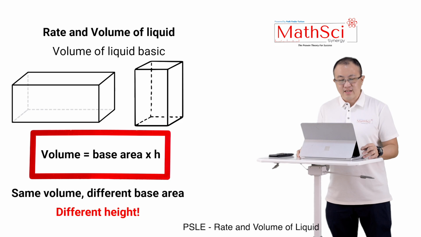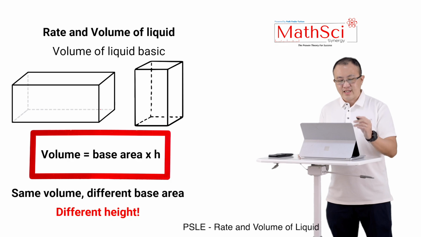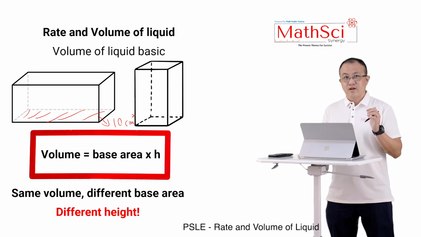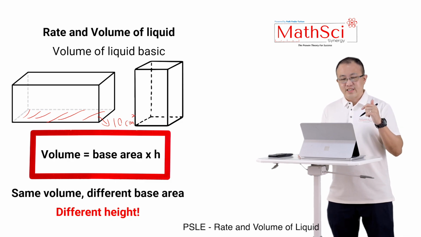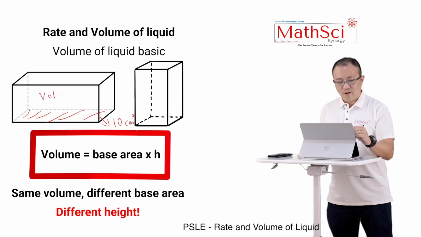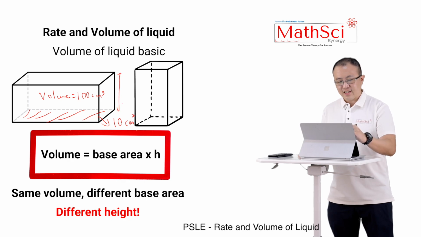Imagine that in some question, they don't tell you exactly what the length and breadth are, but instead they tell you that the base area is maybe 10 cm square. So the base area is 10 cm square. Then they also tell you that the volume is 100 cm cubed, something like that. Then they ask you, what is the height of the tank?